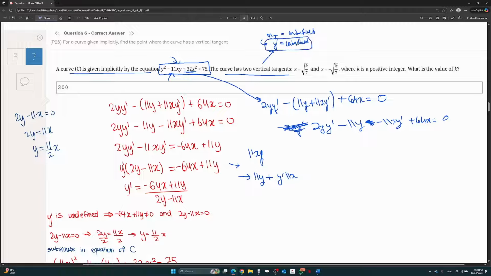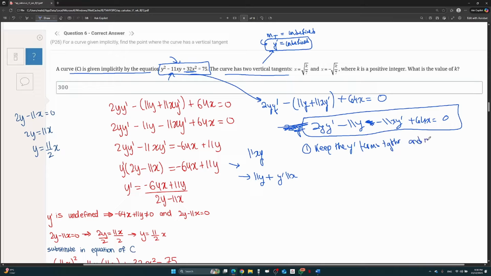When you get a question like this where you need to find an expression for y prime, that means you need to have y prime alone. So what you do is this. Follow these steps carefully. Keep the y prime terms together and move everything else.